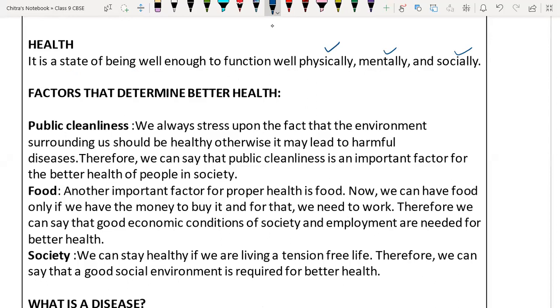Now we have to understand what are the factors that determine better health. First, we have public cleanliness, by which we can maintain physical, mental, and social health.